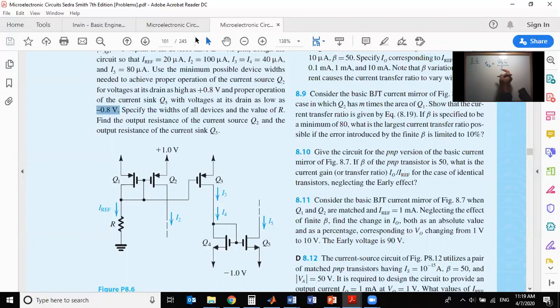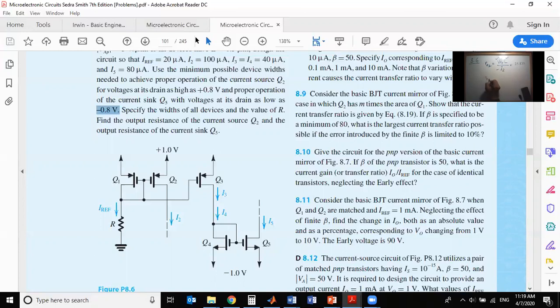How much is ID in Q2? The drain current in Q2 is I2. For RO2, you need to use ID2, which is called I2. We substitute, and this will give us 25 kilo ohm.